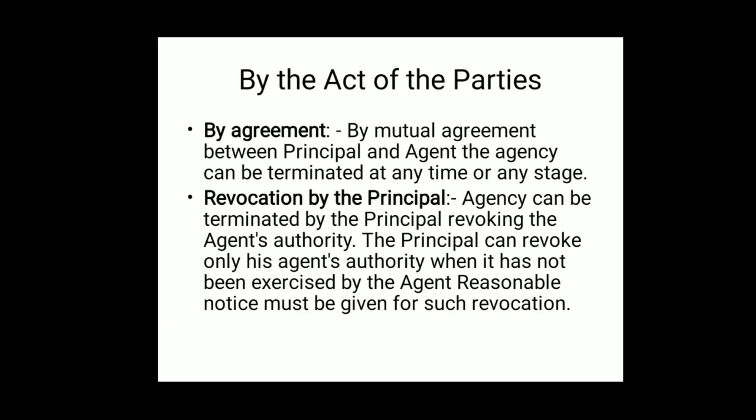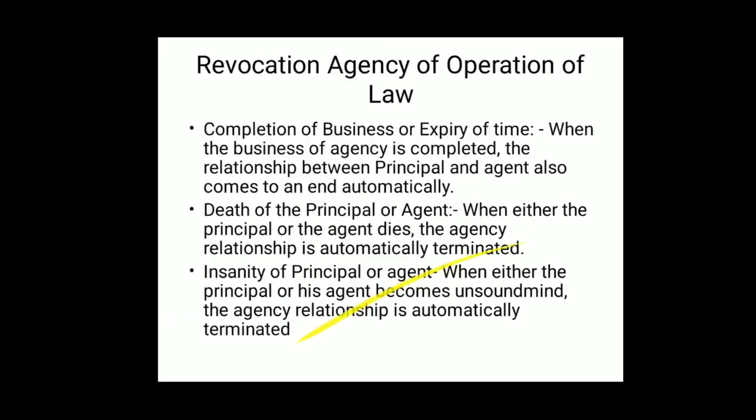Next we have revocation by principal. If the principal is going to revoke the agent's authority, he has to give some reasonable notice and the reason why he is revoking, but the principal has the right to terminate that contract. Then we have situations under the operation of law.